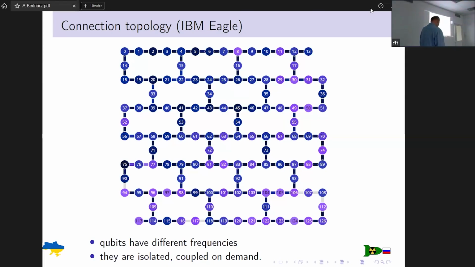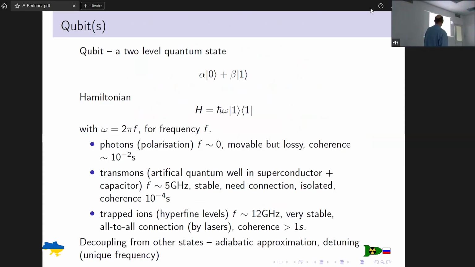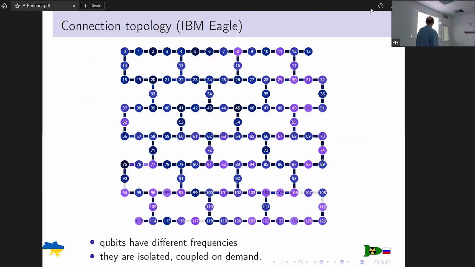They have different frequencies. Okay, now what are the operations for qubits? There are three types of operations. One is single-qubit operations. You have a kind of Bloch rotation. I will maybe skip the lecture on the Bloch sphere, but it means that you make some linear operation on this vector, alpha, theta.